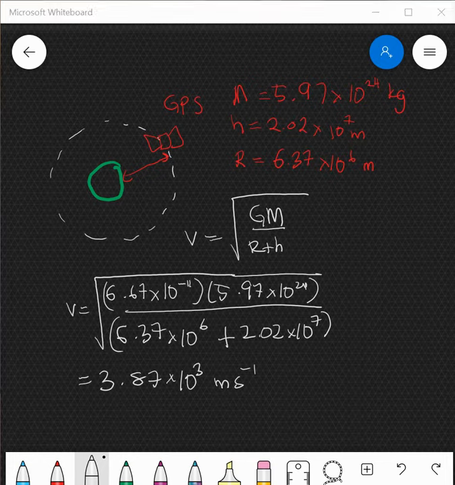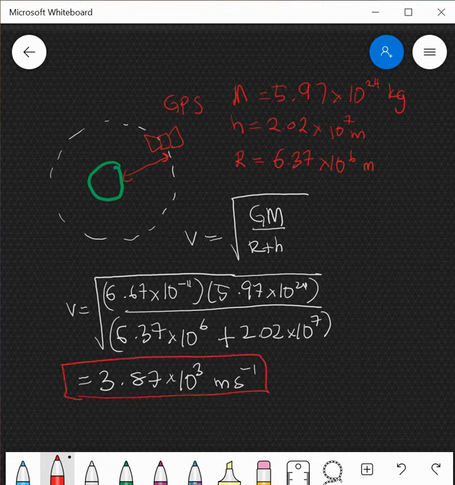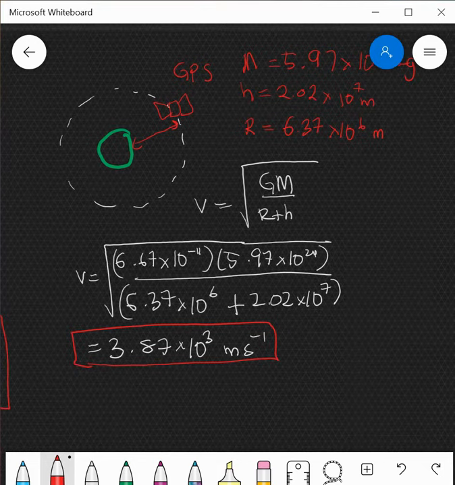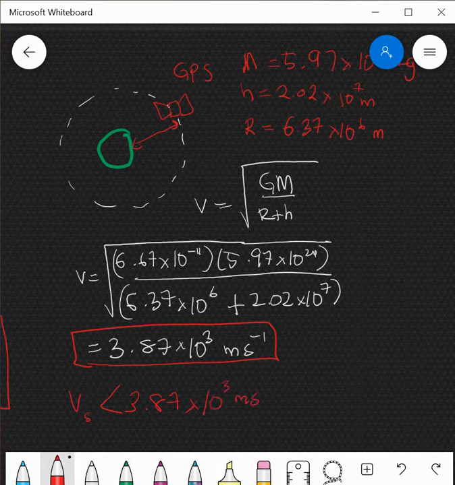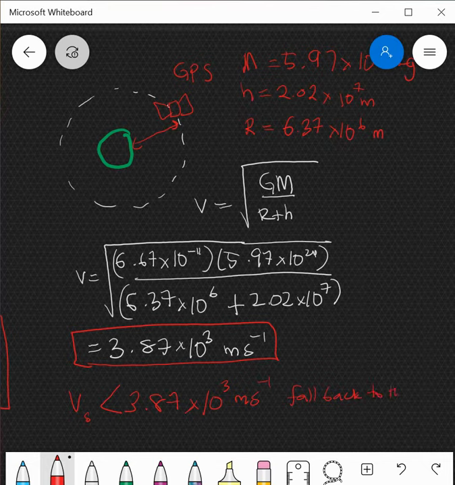For this value, specific to the GPS satellite, it means that if the speed of the GPS satellite is lower than 3.87 times 10 to the power of 3 meter per second, the satellite will fall back to the Earth.